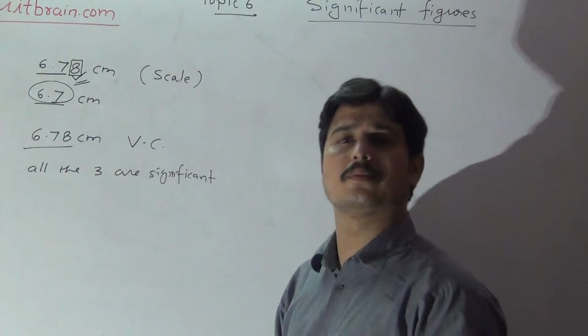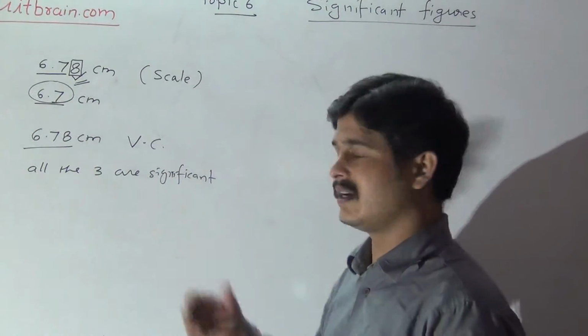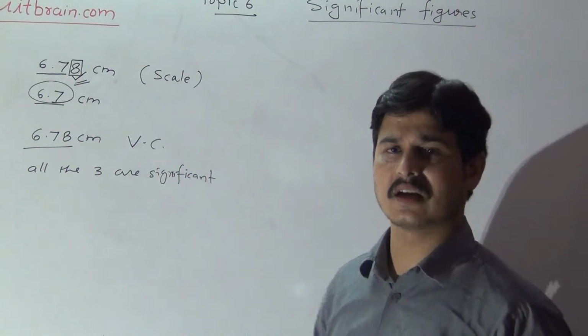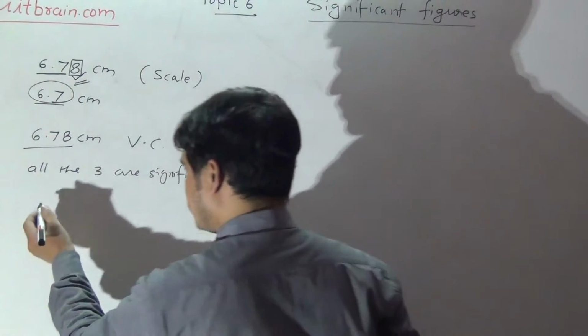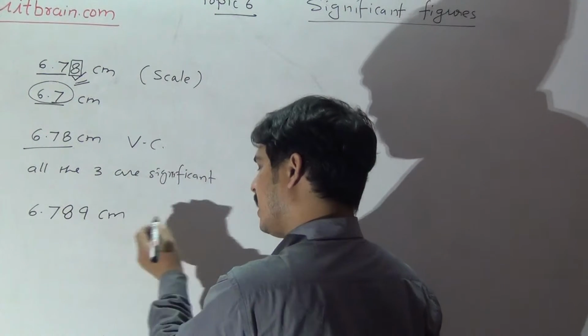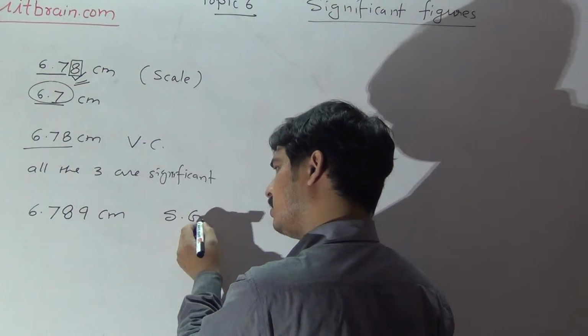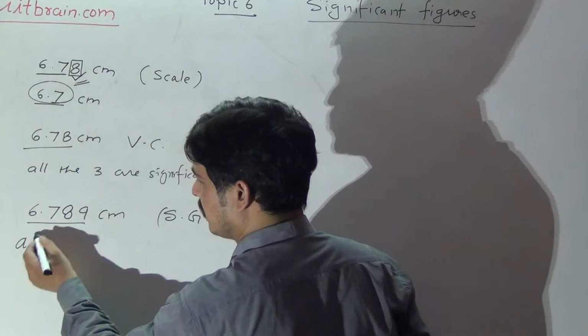अगर जनरल डिस्कशंस में बात करें तो किसी apparatus की कैपेबिलिटी का मेजरमेंट है कि वो किस प्लेस तक मेजर करने के लिए एलिजिबल है, इफेक्टिव है. अगर हम यही मेजरमेंट स्क्रू गेज से करें, then 6.789 centimeter, and if measurement is made by screw gauge, then we can say that all the four figures are significant.